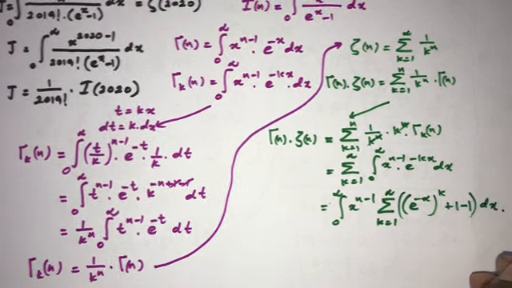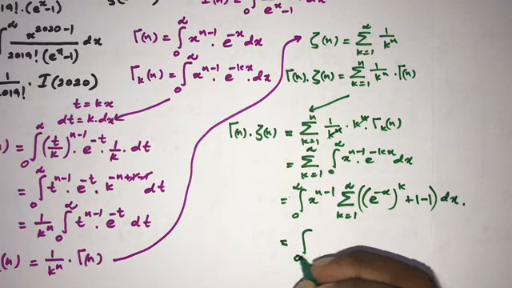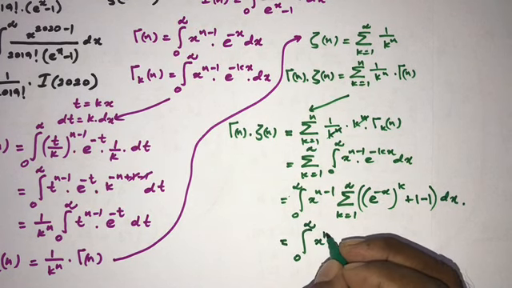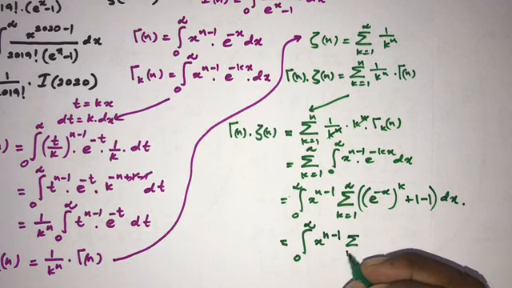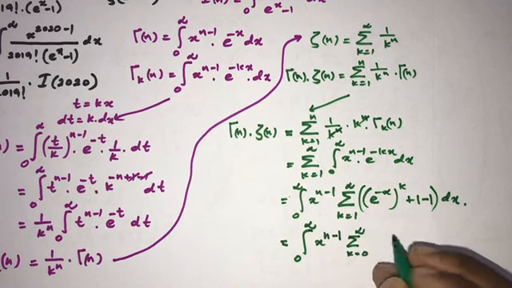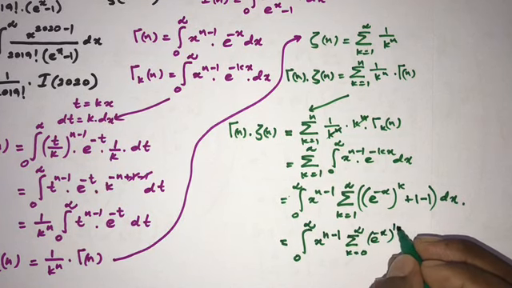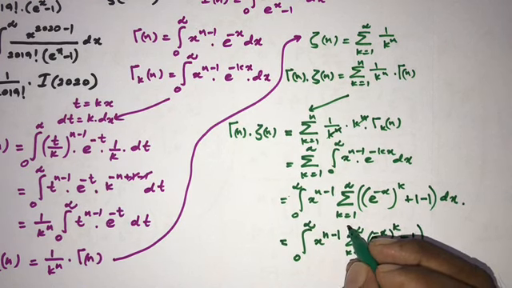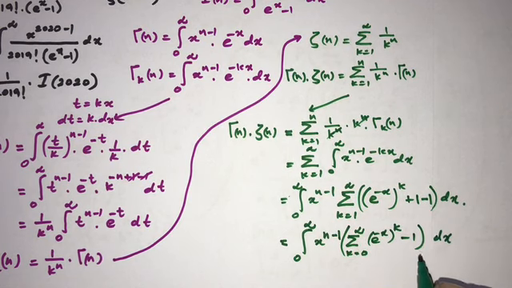Now we can write this is equal to the integral from 0 to infinity of x to the n minus 1 times the sum from k equals 0 to infinity of e to the minus x to the k, minus 1, dx.